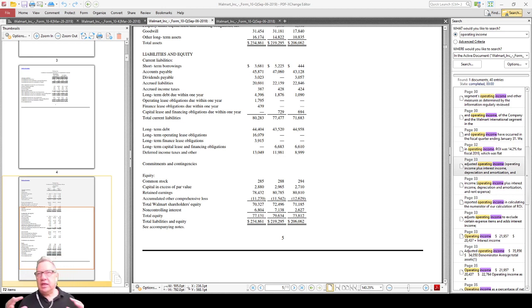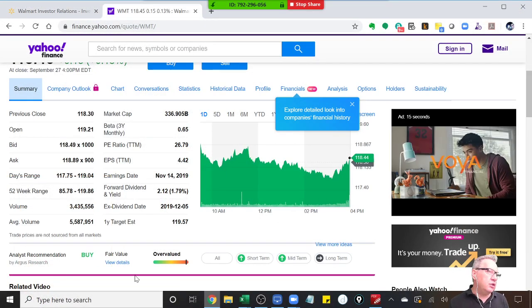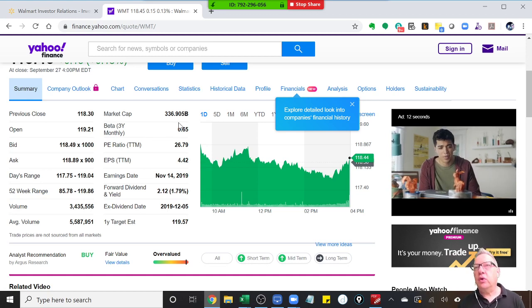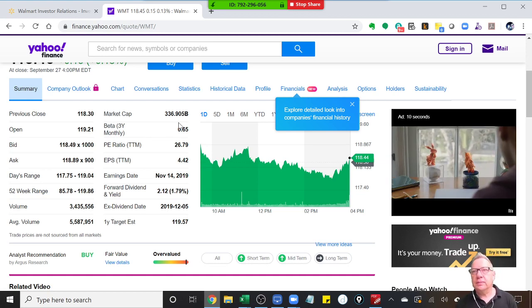But that's how the market is valuing Walmart, and that's what the market is saying its cash generation potential is into the future. What we do in valuation is we get to a number that we can now compare with this 336 billion to see if the market is right or wrong. That's all valuation is doing.